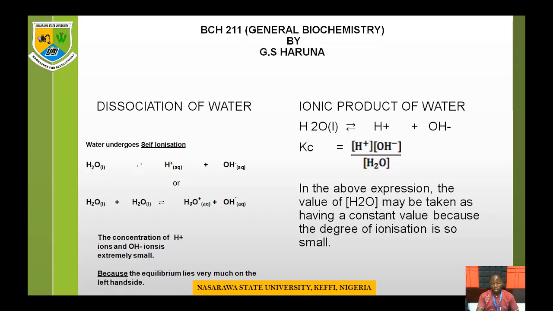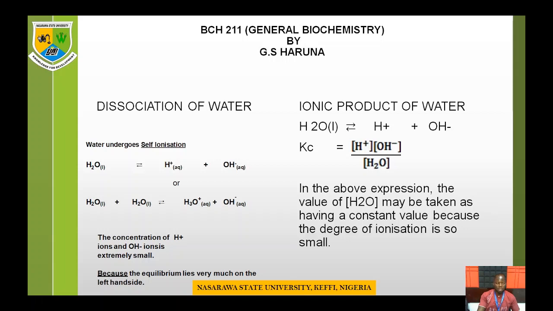In such ionizations, the equilibrium constant of water is given as the concentration of hydrogen ions multiplied by the concentration of hydroxy ions divided by the concentration, or the amount, of water. In the above expression, the value of water may be taken as having a constant value because the degree of ionization is so small.